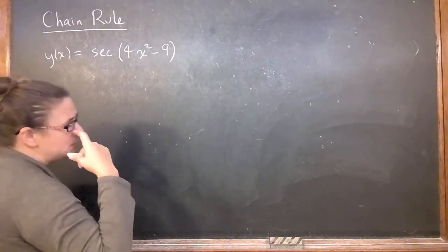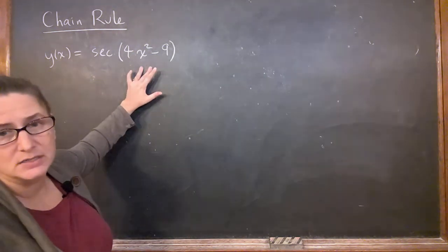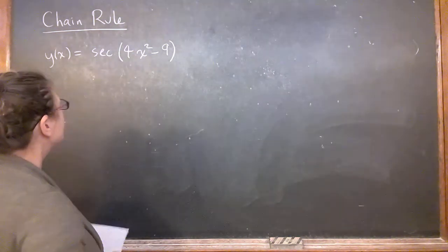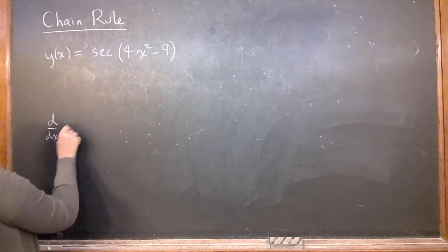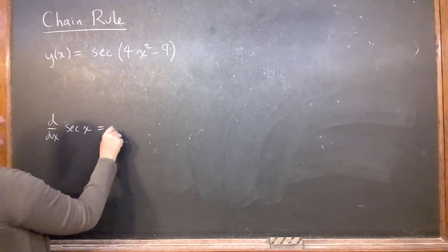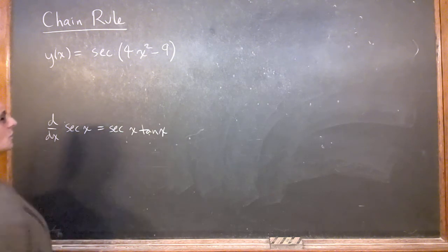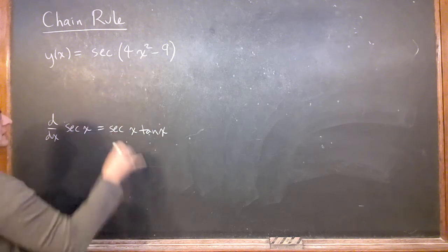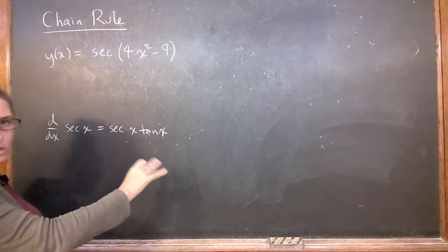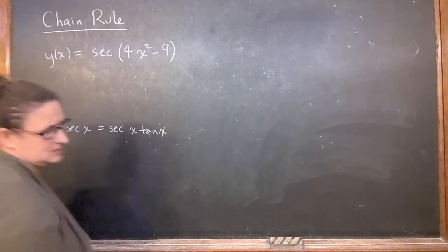So remember, here my outside function is secant and my inside function is this 4x squared minus 9. But remember, what we have is the derivative of secant of x is secant x tangent x. So if I really want to think about this as the derivative of u, it's going to be secant u tangent u, meaning that this whole thing goes into each of those x's.